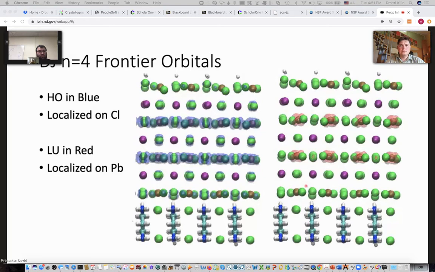Are we measuring the distance that this chlorine has compared to the chlorine that's in the inorganic layer? I guess it doesn't matter. I guess my point is maybe the difference in HOMO-LUMO orbital is just because of the geometry difference. Maybe for n equal to 2 and 3, the model is not very well geometry optimized.